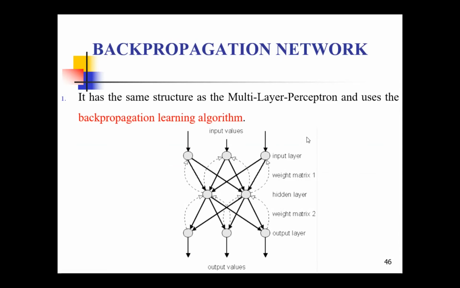Here we have 3 inputs in the input layer, then weight matrix 1, then in the hidden layer we are going to have 2 neurons, then weight matrix 2, then the output layer, then the outputs. The output layer values will be fed back to the hidden layers, so a comparison will be made, that is, the back propagation learning algorithm.